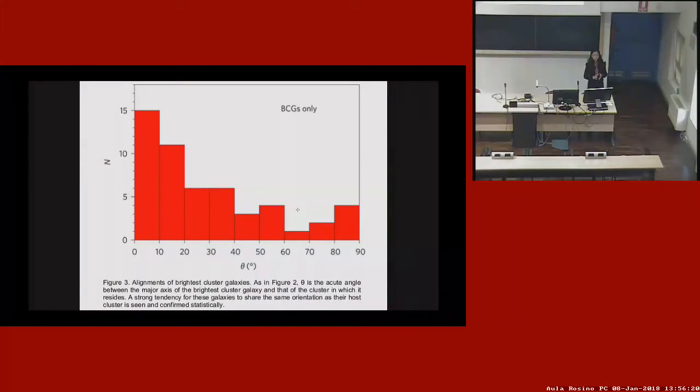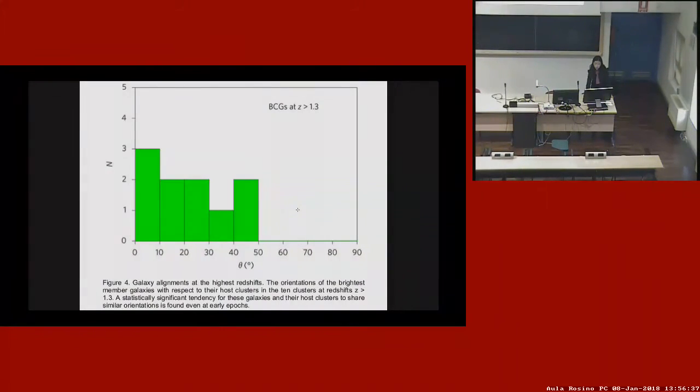However, if we only consider the brightest cluster galaxy, there is a very strong tendency for this galaxy to share the same orientation with the cluster they reside in. And this histogram also shows the BCGs at redshift larger than 1.3, which are the most distant galaxies.